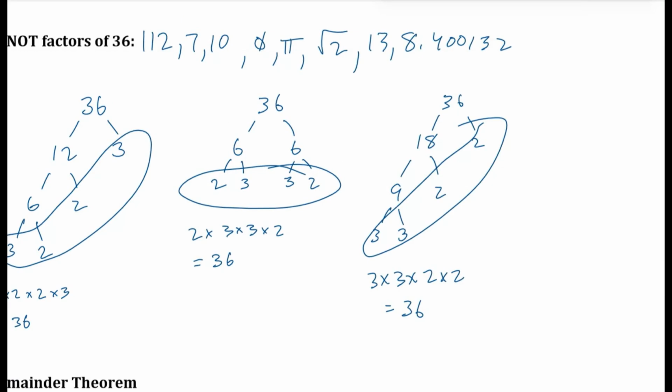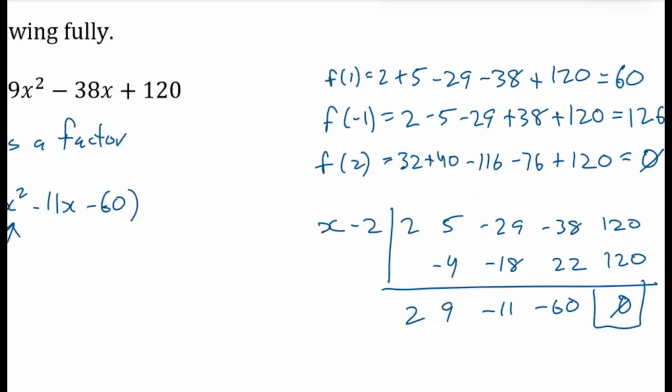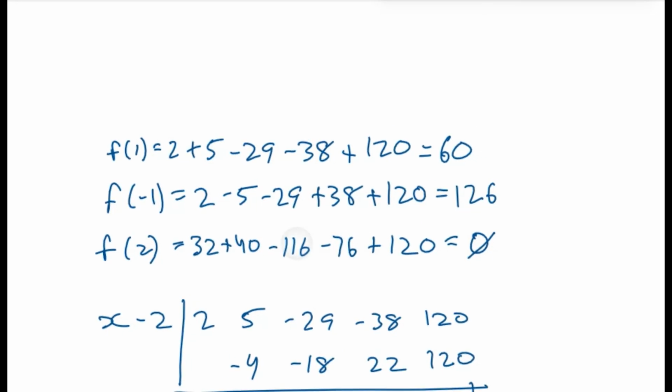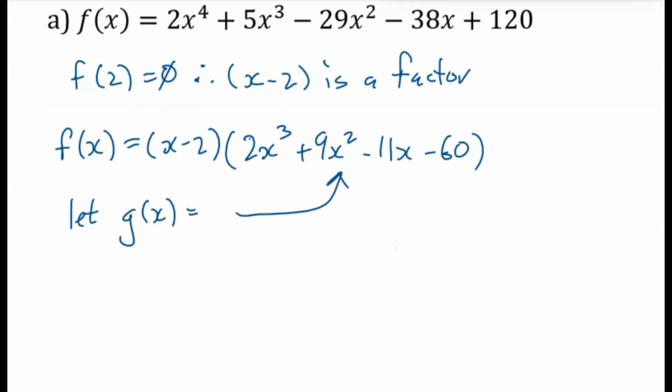No. That's how multiplication and factors work. So, in fact, anything that we've already done, 1 and negative 1, that didn't give us a factor, we can skip the second time around. If that doesn't make sense, think about it, or just remember that. You're wasting your time. If you tried 1 and negative 1 in F, they will not work for G. You can trust me. So where do we start?